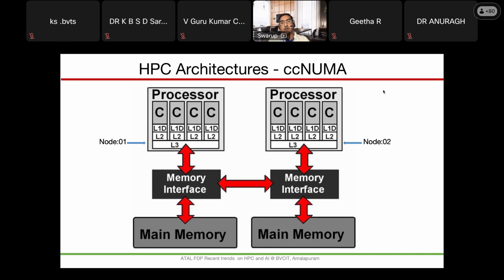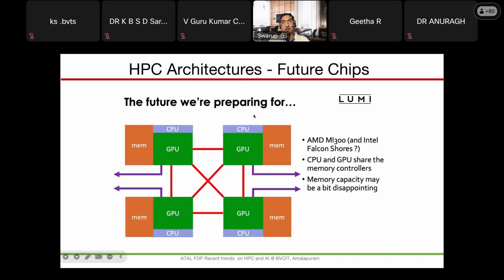Okay, so come back to the next. Now this is the future we want. If you look at a CPU today, in a system I can get 1 TB to 4 TB of memory, with 1024 GB chips available.